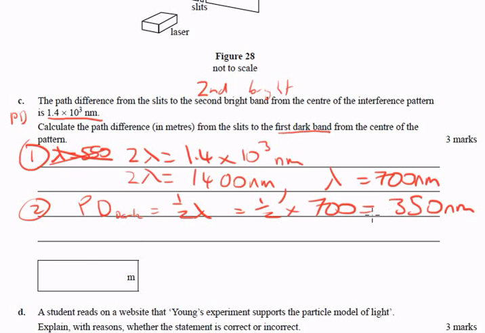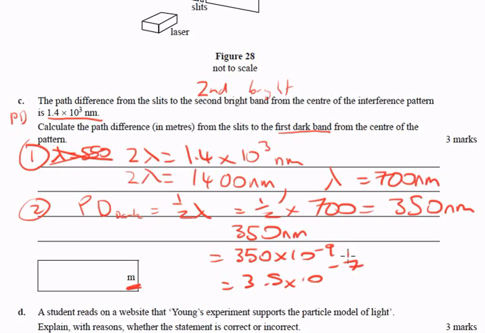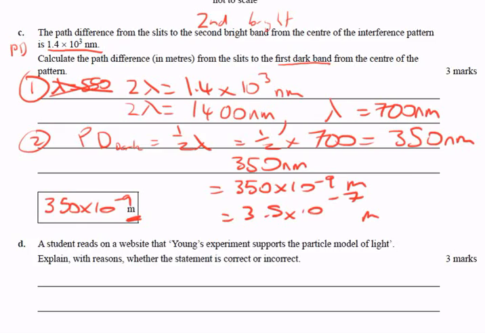I didn't even have to change anything into meters to do the calculation, but I do at the end because the question asks for it in meters. So 350 nanometers equals 350 by 10 to the minus 9 meters. That's good enough. You could put it in as 3.5 by 10 to the minus 7, but they're both correct.